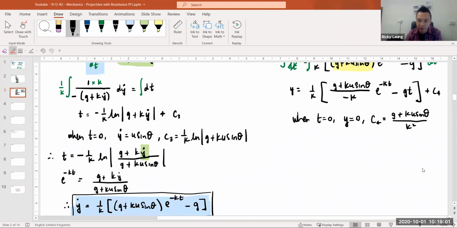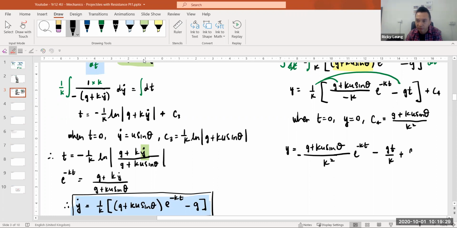Perfect. So let's sub in C4 and you get an expression. Now I'm going to use rainbows to expand this and this. So I get an expression that looks like g plus ku sine theta on, well, let's put a negative in front, k squared e to the kt, minus gt on k plus my newfound constant on k squared, and then I'm just going to do the final step of factorizing.